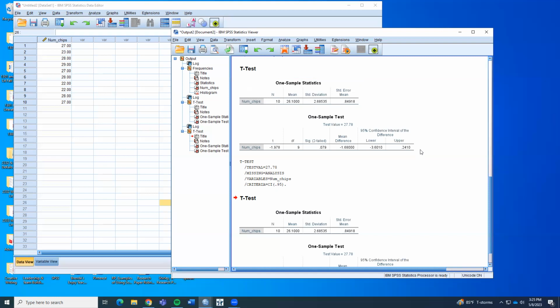And that is going to be 26.10 minus 27.78, which takes us to negative 1.68, and that's over 2.69, our standard deviation. And the total there is 0.62. And so 0.62 is our Cohen's d value.